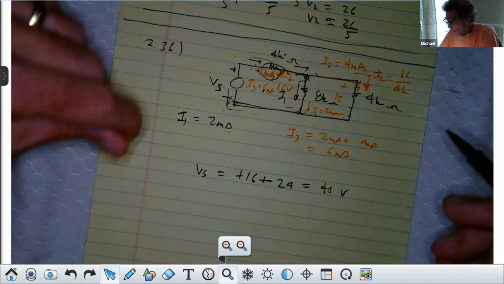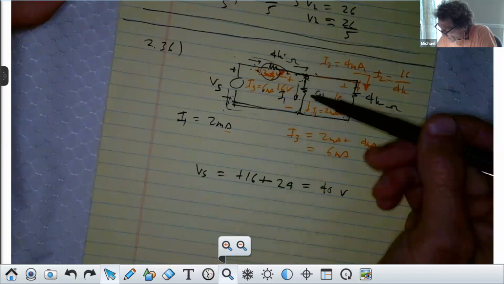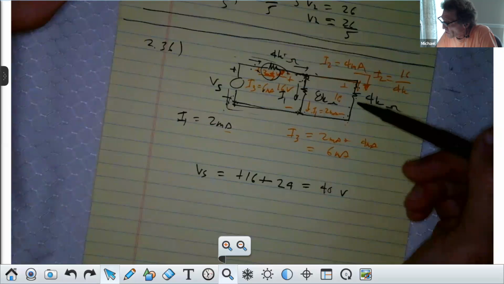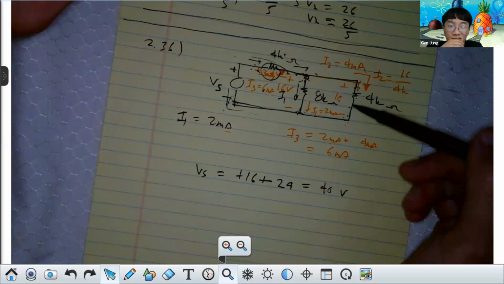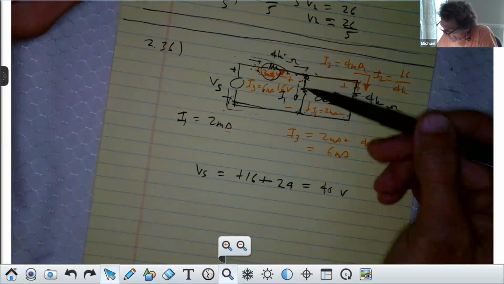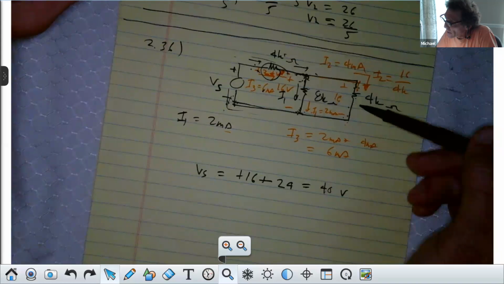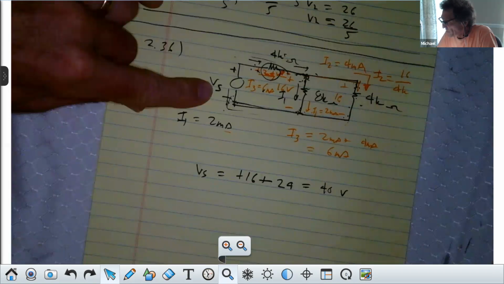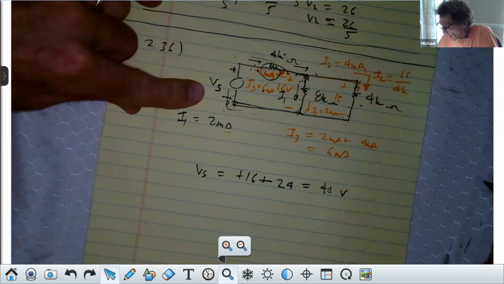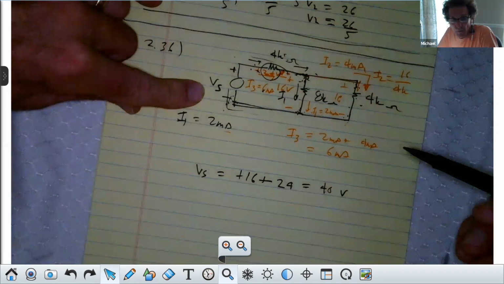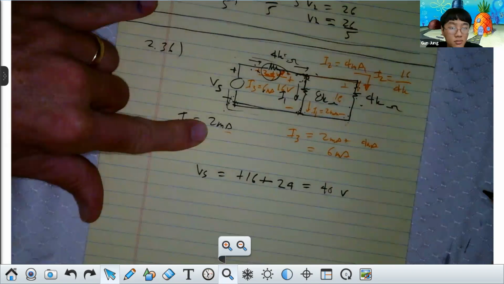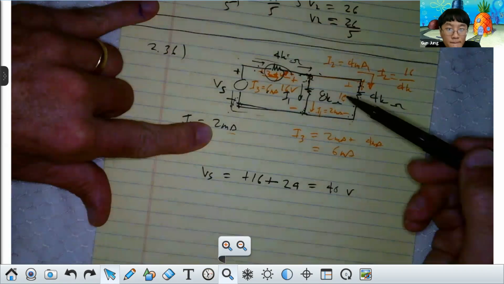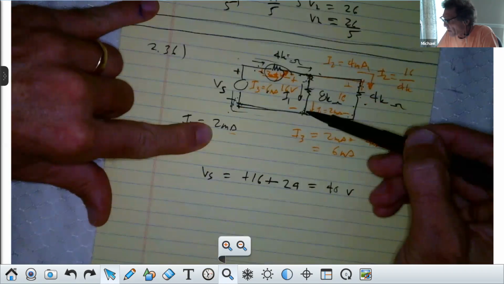All right. It gives us a circuit. Do you have access to the homework? Yes, sir. It gives us a circuit where there's 8K in parallel with 4K. And these two are in series with 4K. And there's an unknown source VS, correct? Yes. Now, I1 is given as 2 milliamps. I hope you can see this, right? Yes. Well, if I1's given, then we know the voltage across this 8K, don't we?